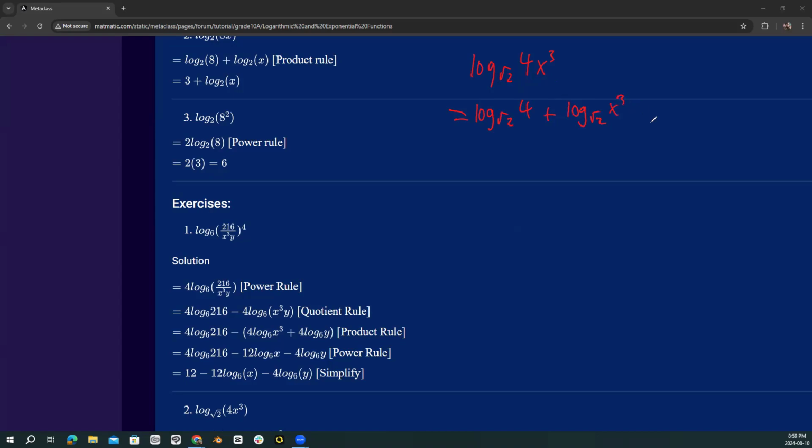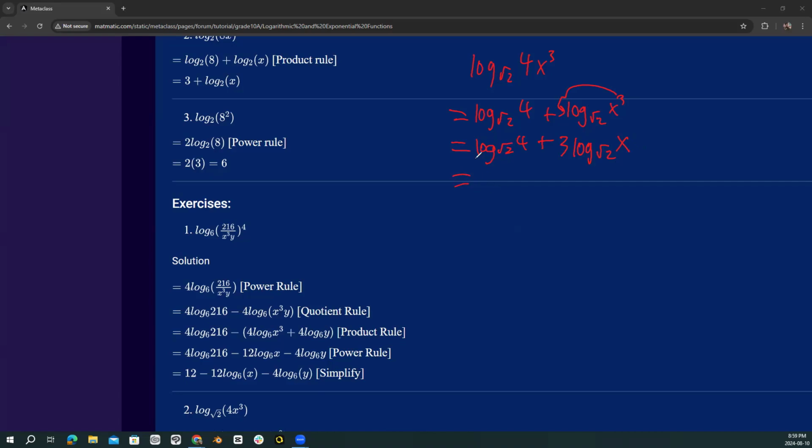Now that we have separated the 4 and the x to the power 3, next we have to do the power rule to get this 3 over here. So we would get log base square root of 2 of 4 plus 3 log base square root of 2 of x. Okay, now I think we can start simplifying.